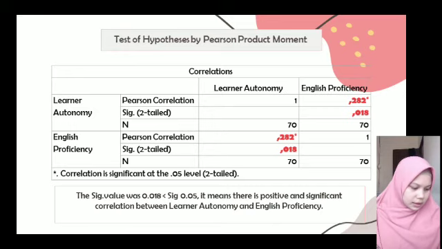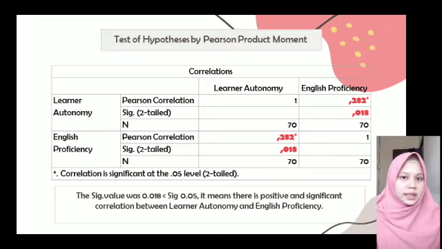The next is the test of hypothesis by using Pearson product moment. It was analyzed by using SPSS 25 and we see the significance two-tailed, 0.018, is lower than 0.05. It means there is a correlation between learner autonomy and English proficiency.